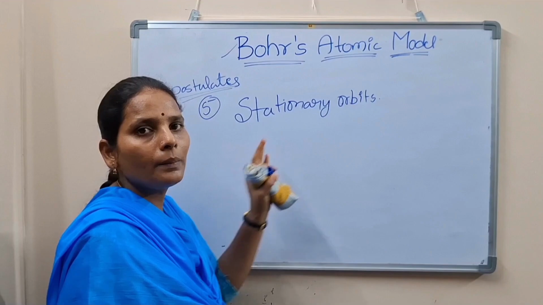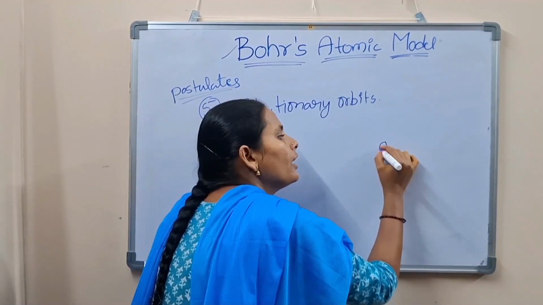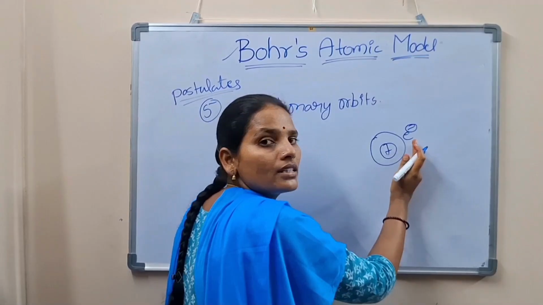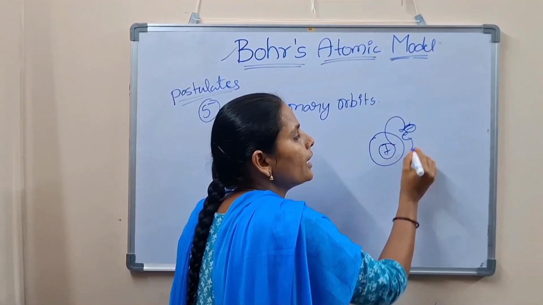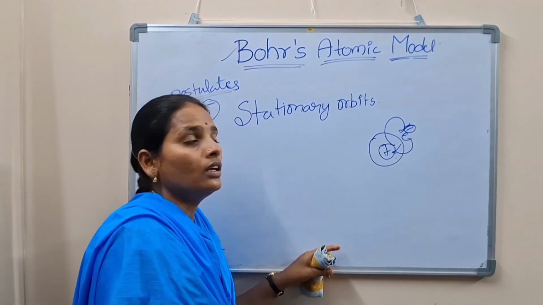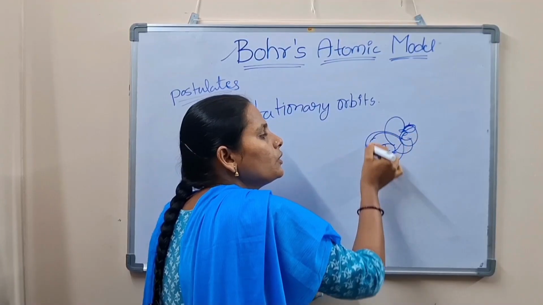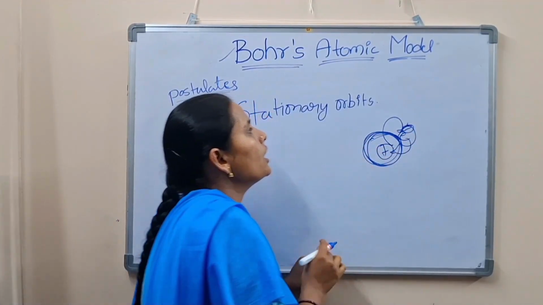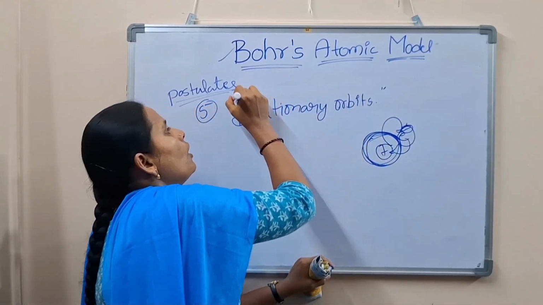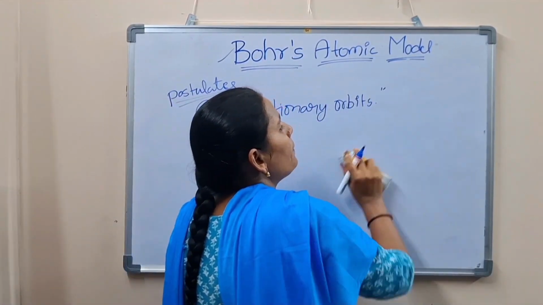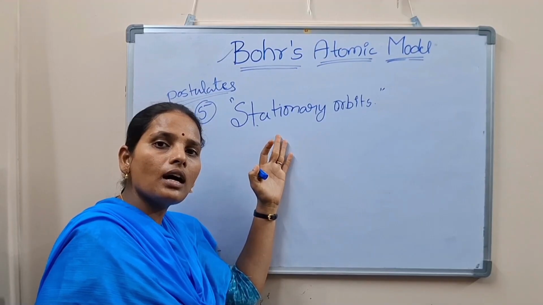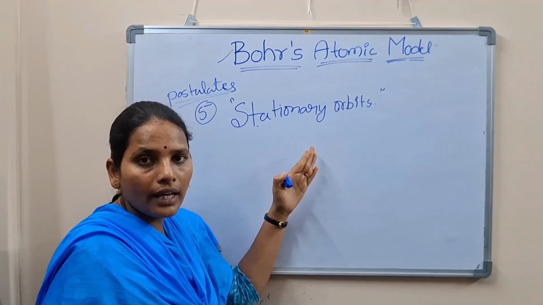Stationary orbit means the revolving electron around the nucleus does not gain or lose energy. That energy is fixed to the orbit.